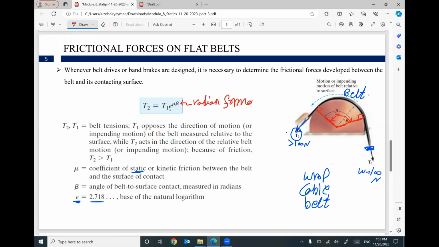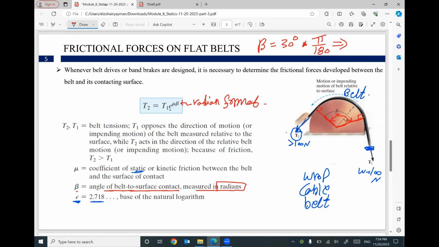What do I mean by radian format? If the angle beta, for example, equals 30 degrees, this is in degree format. You have to multiply it by pi divided by 180. Then you convert it to a radian value. So the beta angle of belt-to-surface contact must be measured in radians. Don't use beta in degree format.